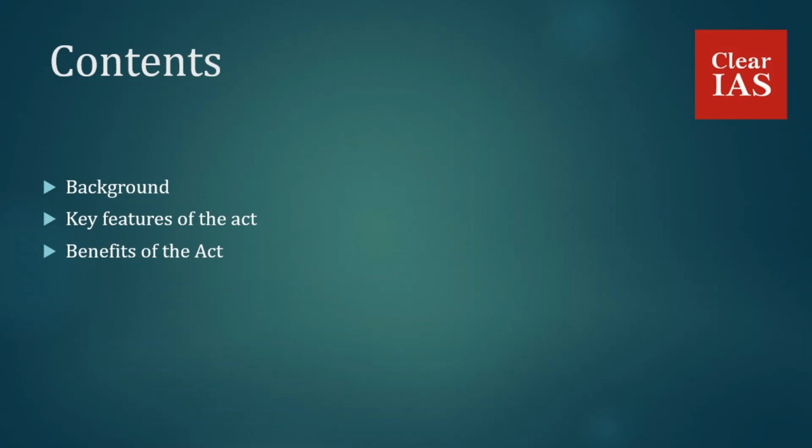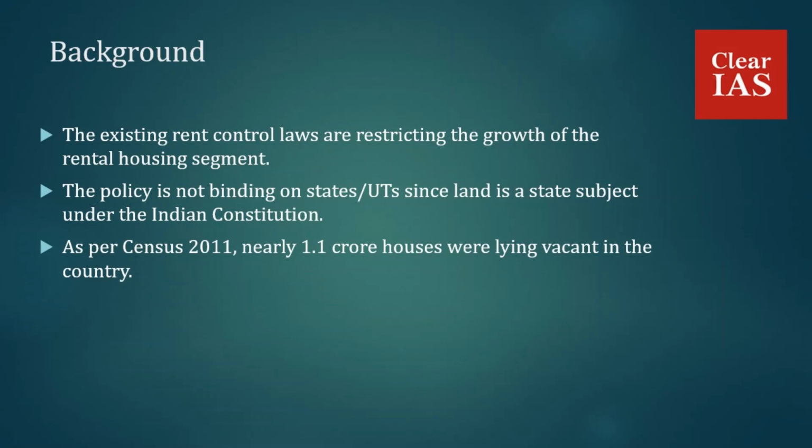Let's now start. The existing rent control laws are restricting the growth of the rental housing segment and discourage landowners from renting out their vacant premises. This draft act, called the Model Tenancy Act, states that transparency must be brought into the housing sector by fixing the accountabilities of landlords and tenants to promote rental housing, at a time when the government is chasing its housing for all by 2020 target.